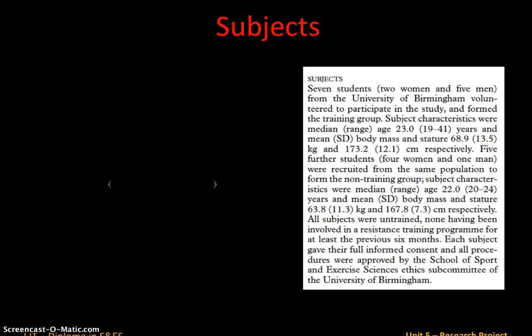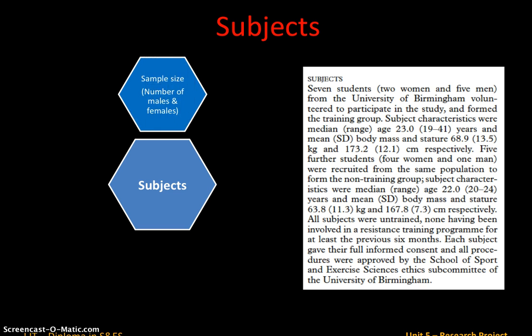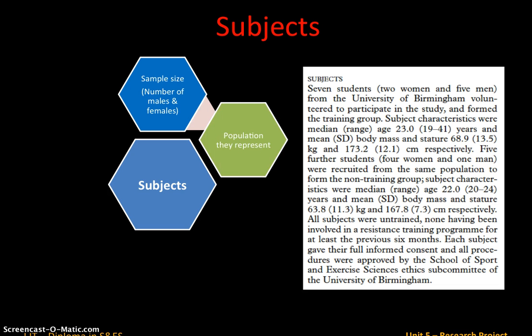So subjects first of all. Lots of things we need to consider in terms of subjects. We need to state the sample size, so how many people were involved, and break down the number of males and females. You need to identify what population they are, so this might be of a certain age, of a certain race or cultural background, because obviously your sample is supposed to represent a larger population.